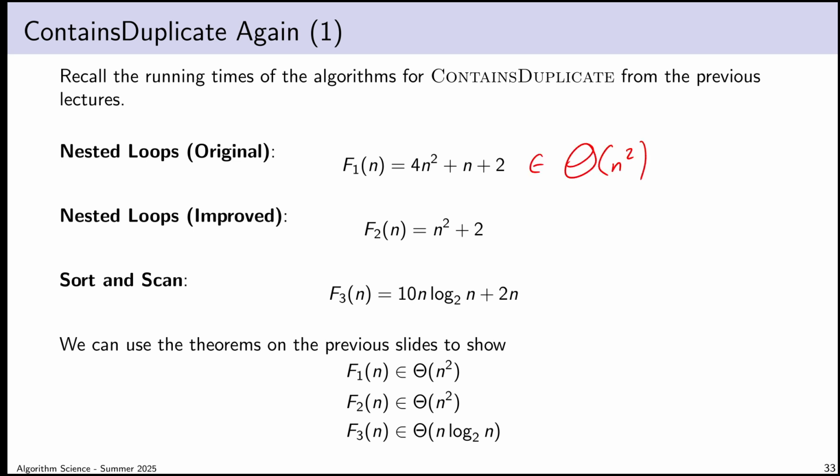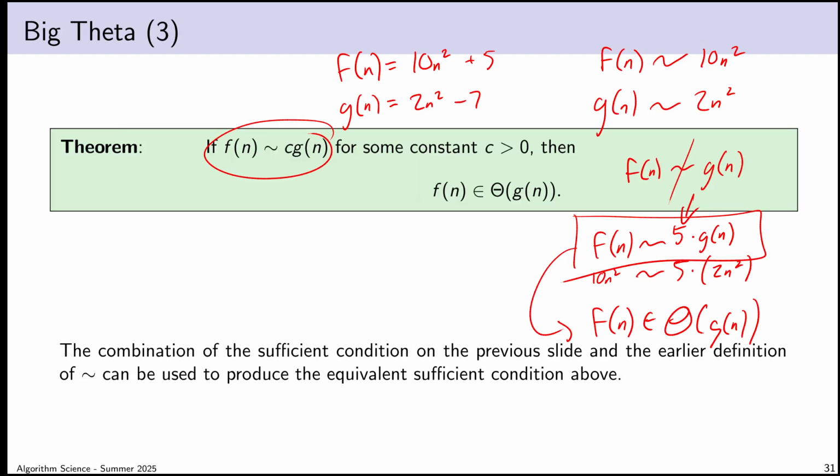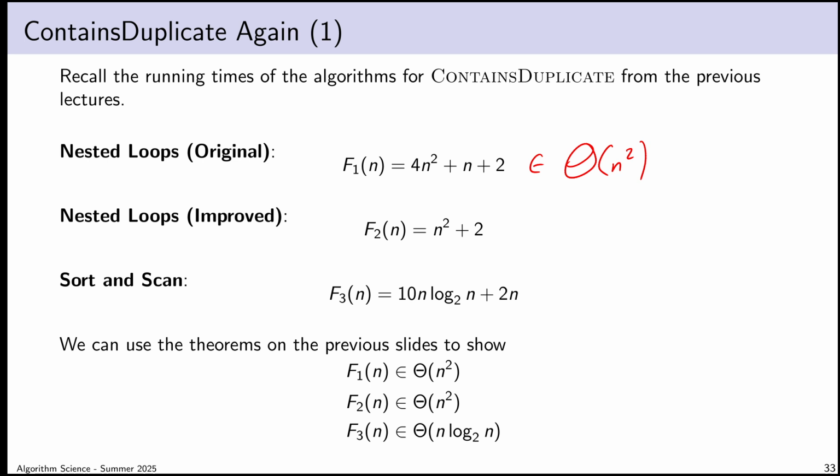We can do this in a bunch of different ways, but I would probably just use the limit, because these functions are reasonably well behaved. So I could show that this over n squared converges to a constant. I guess it converges to 4 as n goes to infinity, so this is big theta of n squared, and this turns out to be big theta of n log base 2 of n. All right, good.